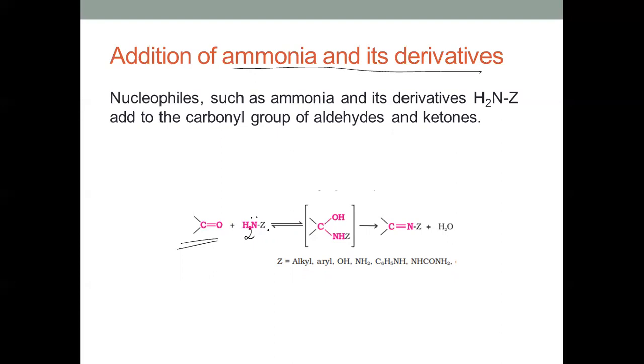Again, this is positive, this is negative. Nucleophilic addition will occur on this electrophilic carbon, resulting in the formation of this intermediate. This is a reversible reaction, which is acid catalyzed.